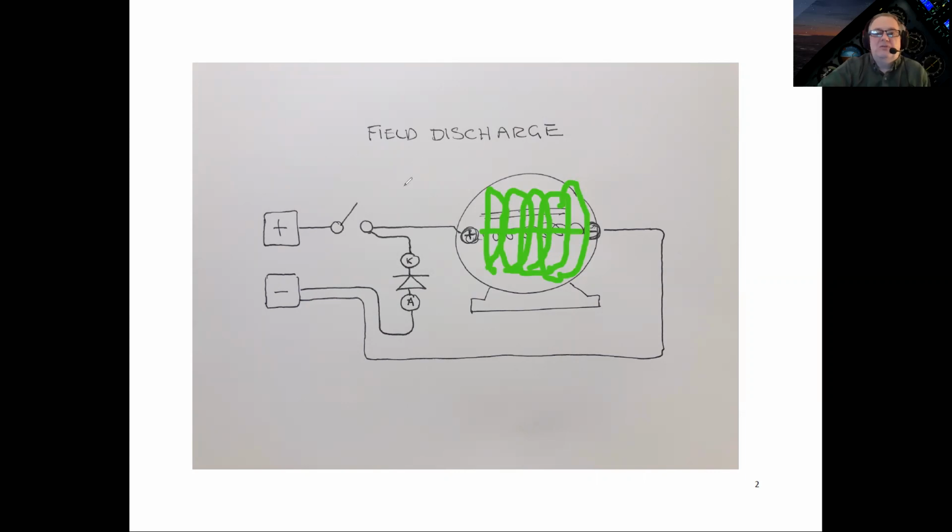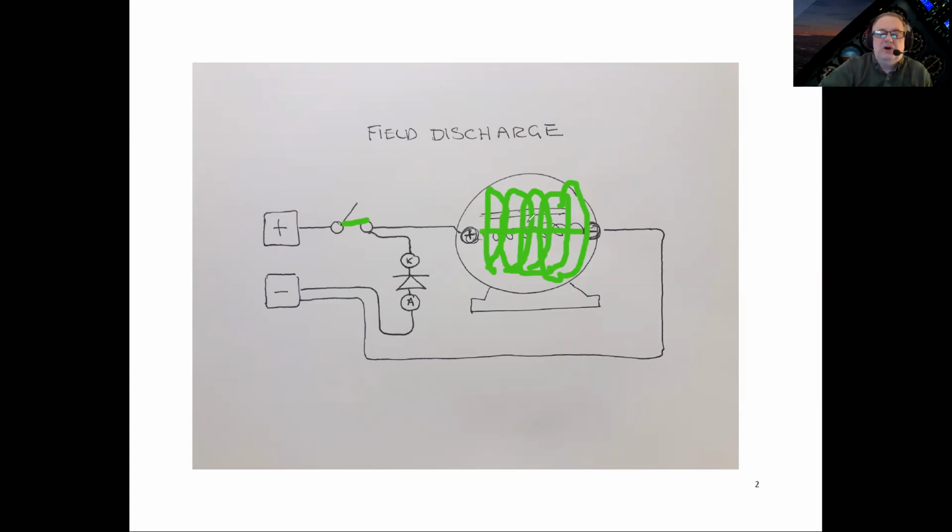Now, one of the problems, of course, is that in order for that to happen, this switch would be closed. When we actually open the switch, because of this large amount of charge in the field, we are essentially cutting the voltage to zero.